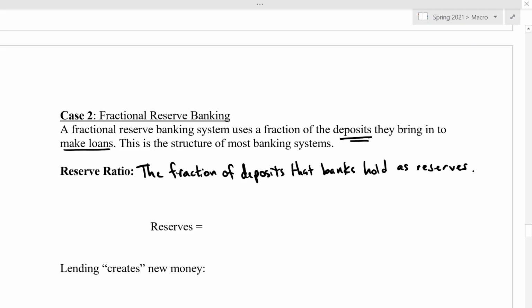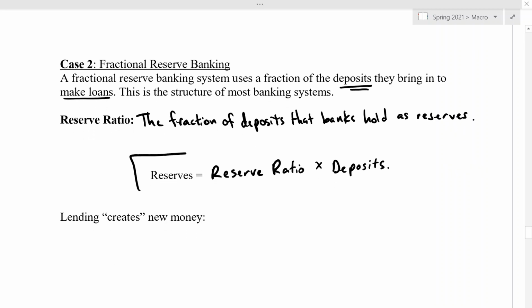And the formula for that is the reserve ratio. Well, we could write it a few different ways, but the amount of reserves is equal to the reserve ratio times the amount of deposits. We'll do an example of that now.